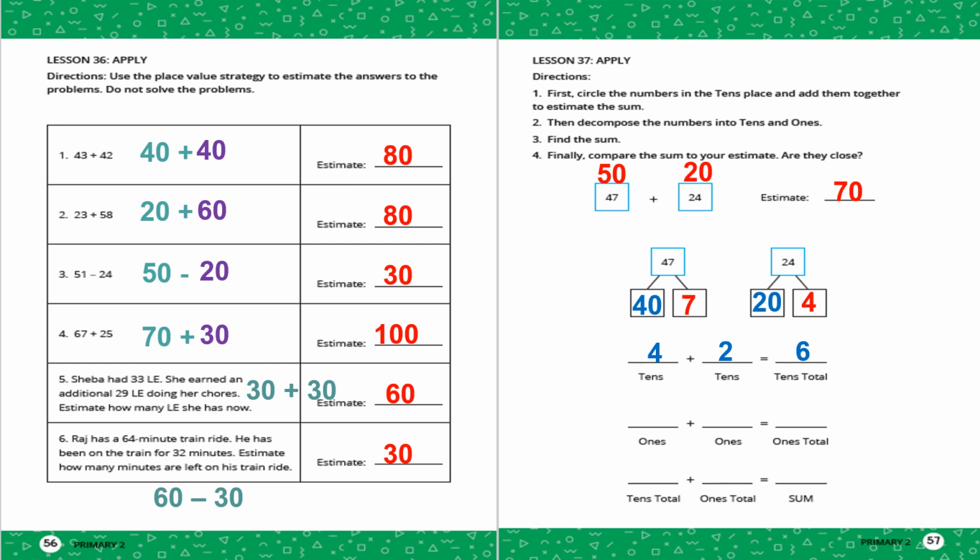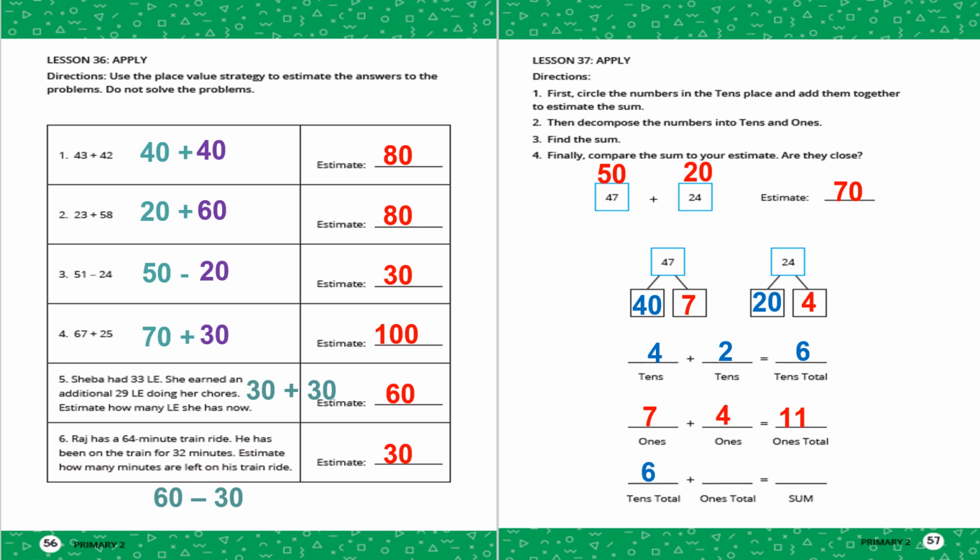Let's add ones together. How many ones do we have in 47? Yes, 7 ones. In 24, how many ones do we have? 4 ones. 7 plus 4, after 7, 8, 9, 10, 11. Tens total is 6.